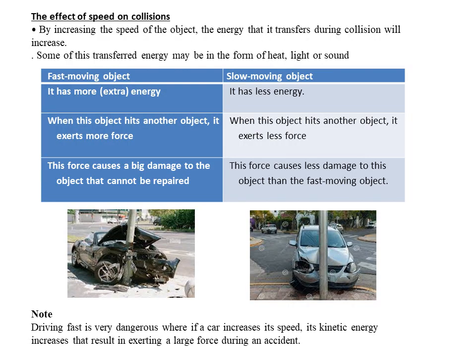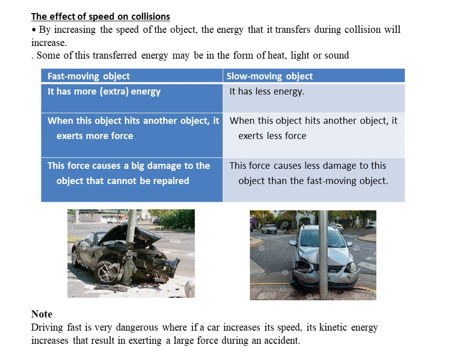So whenever the speed of an object increases, the kinetic energy increases, and when it collides with another object, it will be able to transfer a great amount of its kinetic energy. So the fastest objects transfer a great part of their kinetic energy, unlike the slowest objects.